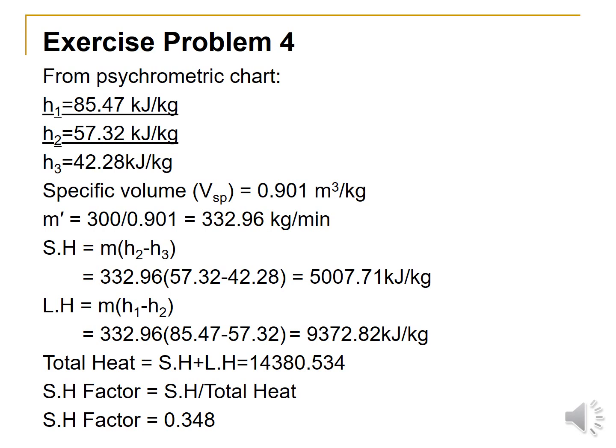By putting the values, the sensible heat was found to be 5007.71 kilojoules per kg, and the latent heat formula is latent heat is equal to m into h1 minus h2. So by putting the values, the latent heat is equal to 9372.82 kilojoules per kg. Actually, these values were calculated as explained earlier, by resolving the process line, which is in the form of a diagonal, into rectangular components.